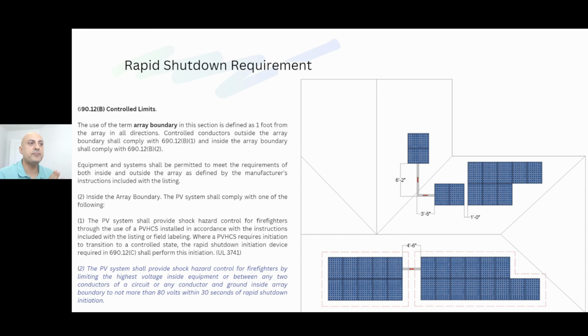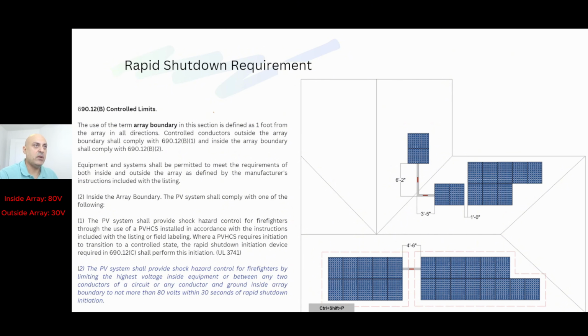I'm saying usually in a grid-tied system with no batteries. Once you activate that AC disconnect, it will trigger the rapid shutdown. Everything inside that boundary will not exceed 80 volts, and everything outside that boundary cannot exceed 30 volts. So those are going to be my requirements.